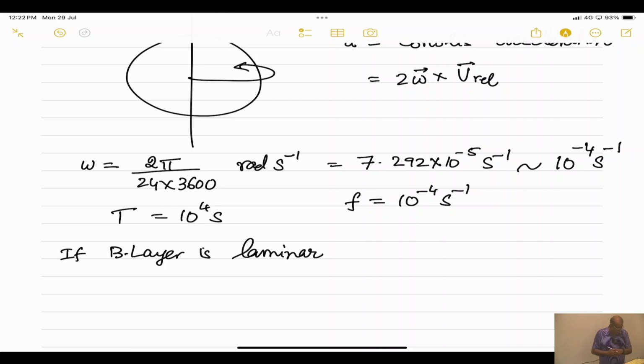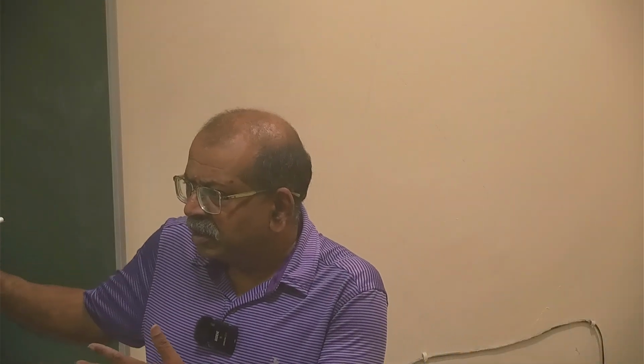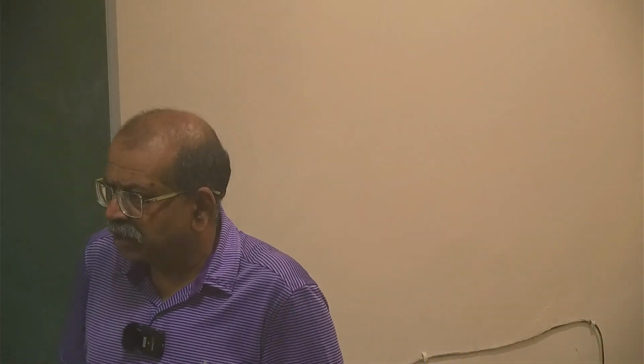is laminar, then the length scale in a laminar boundary layer goes like square root of nu t, or L squared goes like nu t. Now, how do we get this estimate? Once again, it comes from order of magnitude analysis or dimensional analysis.